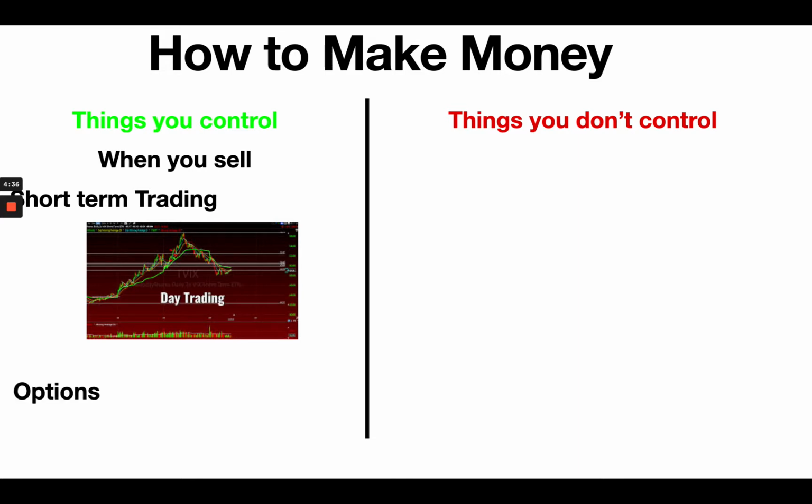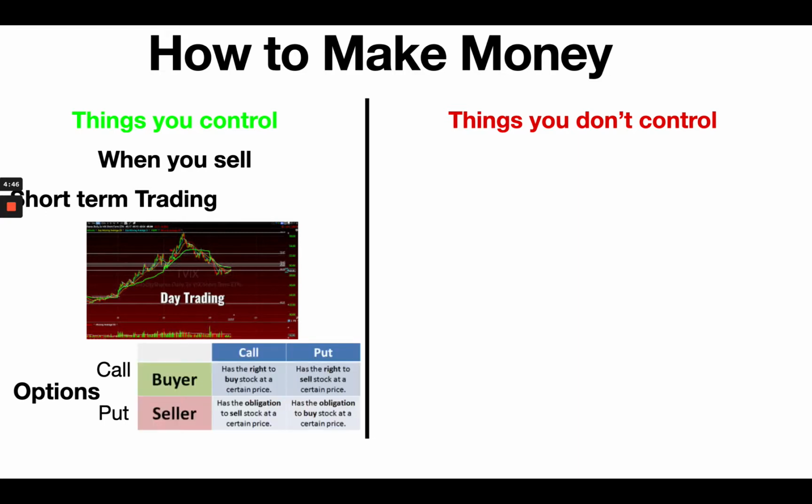The other way to make money would be through options. You have call options and put options. These are basically options to buy stock in 100 share increments. If you're going to buy a call option, you're buying the right to buy stock at a particular price.